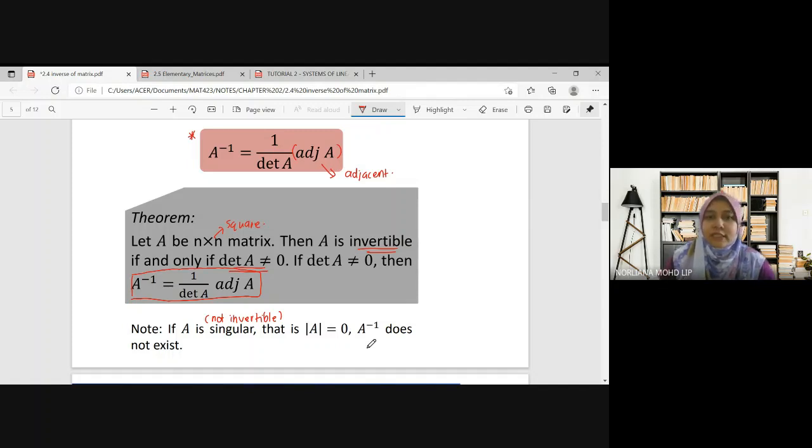We cannot find the A inverse if the determinant of A is equal to 0. Sebab kita tak boleh lah 1 over 0 kan. Kalau if determinant of A is equal to 0, 1 over 0 tak boleh lah. So we cannot find the A inverse.